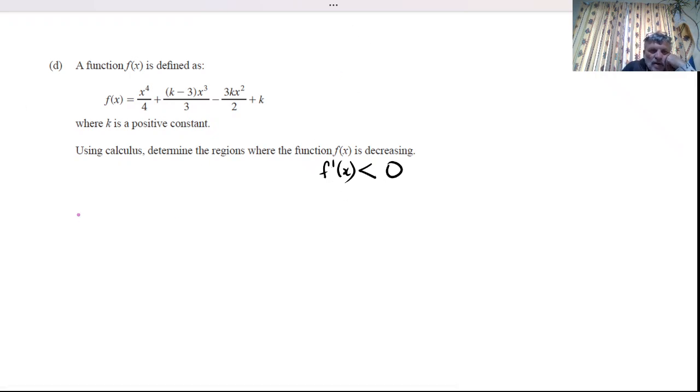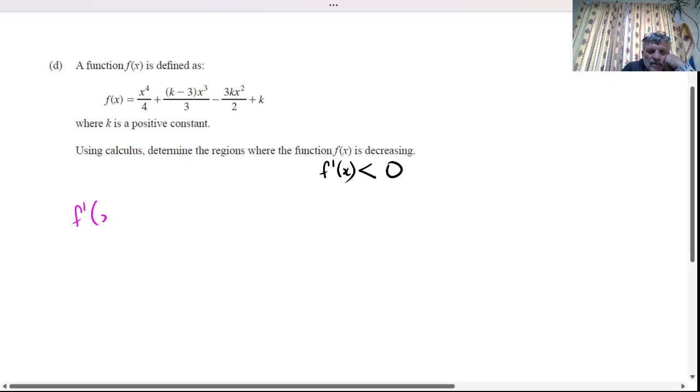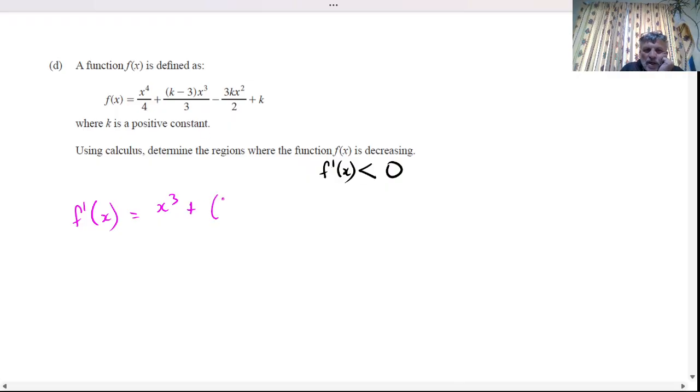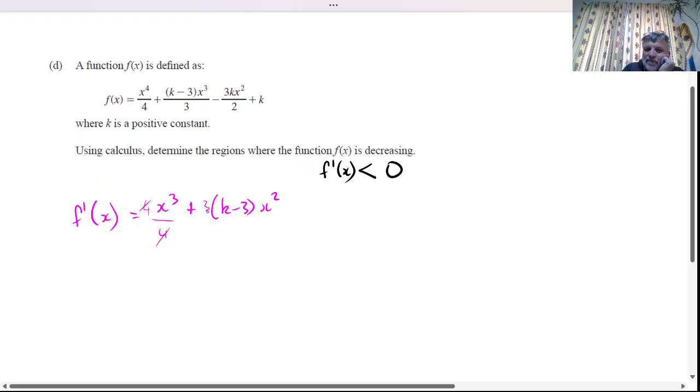So we calculate the derivative. Power in front, 4x cubed divided by 4. 4 over 4 is just 1, plus 3k minus 3x squared divided by 3. The 3s, let's cancel them out in one breath.